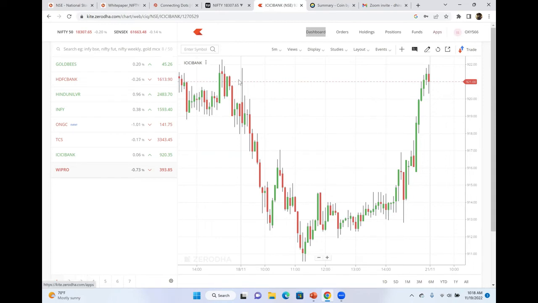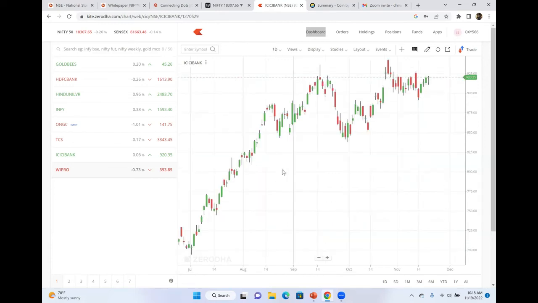So what is it telling you? If you just look at the 18th, it actually did nothing much. It opened somewhere here, and then it pretty much closed around the same. And how's that looking on the daily chart? You just see where it opened, and where it went.